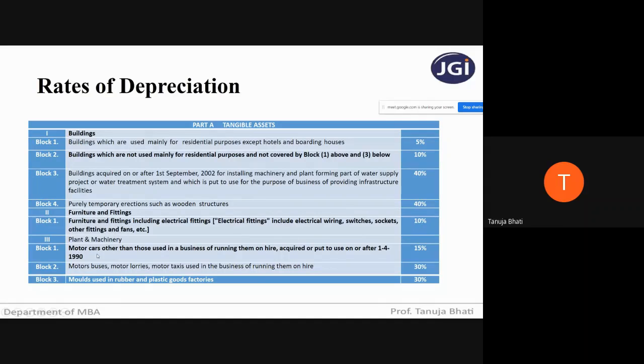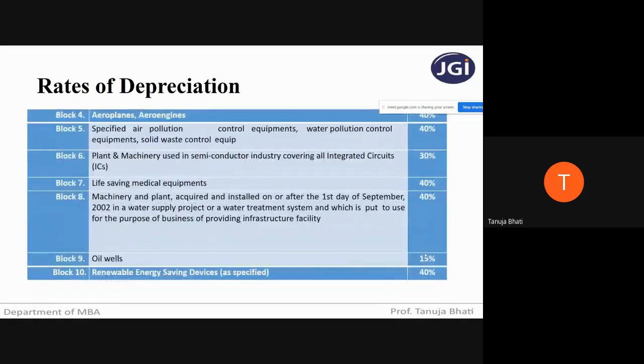If it is a motor car, or you can say plant and machinery, then the rate of depreciation is 15% on plant and machinery. Remember, on buildings it is 10%, on furniture and fittings it is 10%, on plant and machinery it is 15%. Then you have different categories, like on aeroplanes it is 40%, on control equipments it is 40%, on plant and machinery used in semiconductor it is 30%, on life-saving medical equipments it is 40%, and so on.